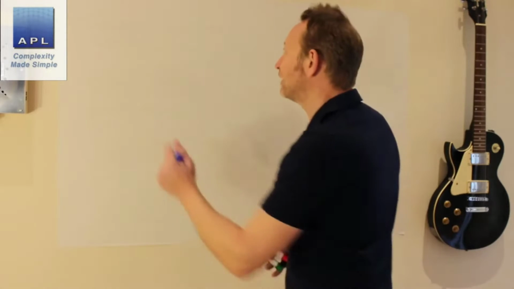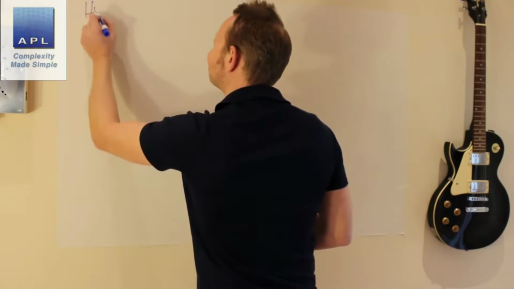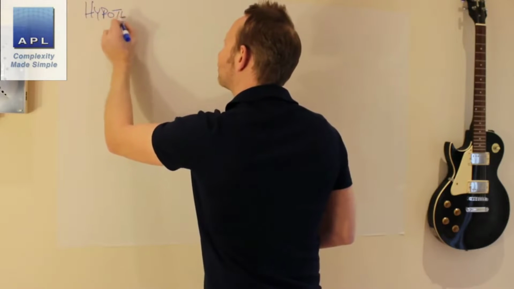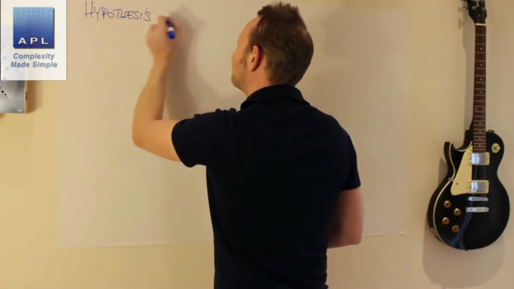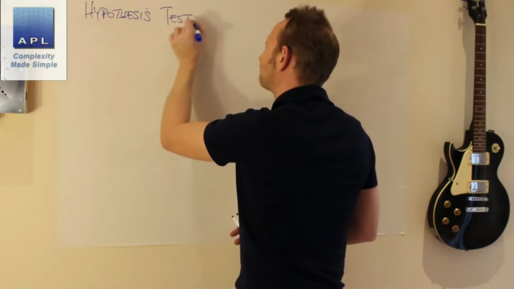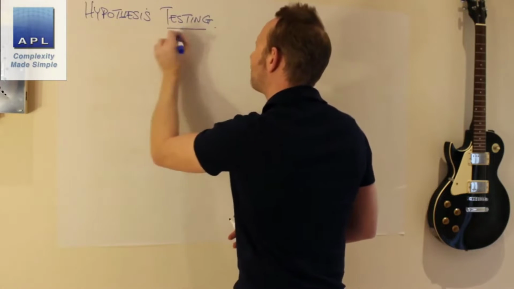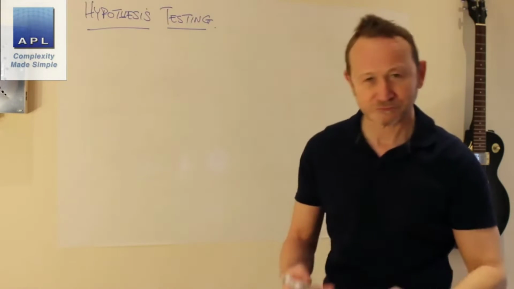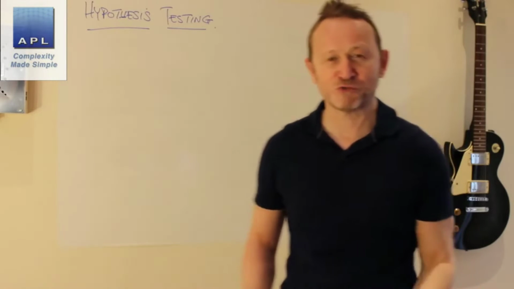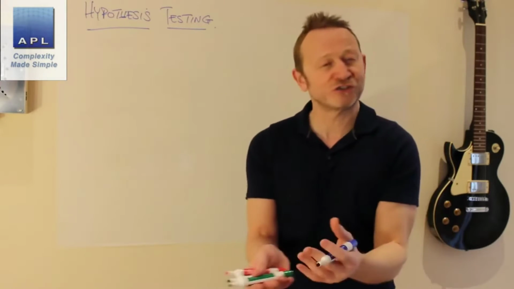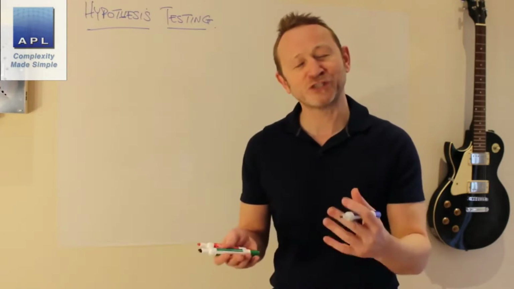And one of the great tools you need to know is a technique called hypothesis testing. Okay, let's talk about why we need this stuff. Usually when you're running any process, you're constantly trying to make some process improvement.